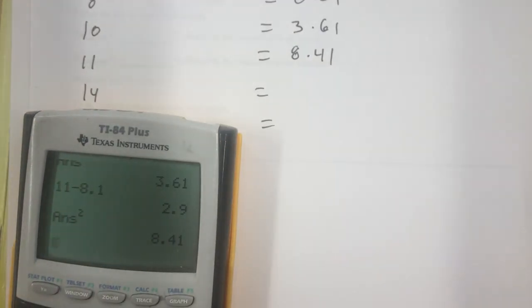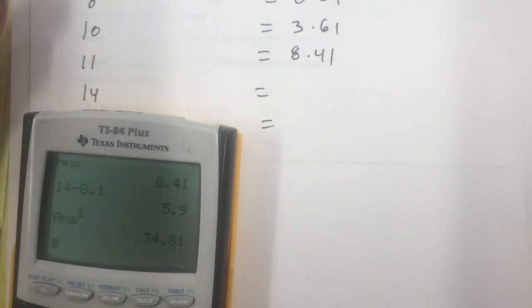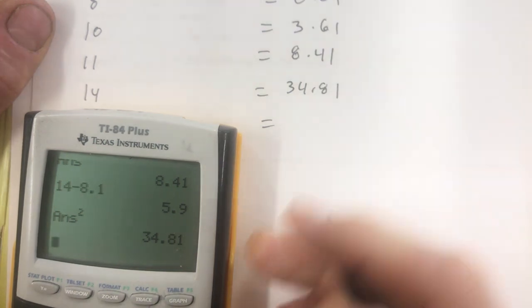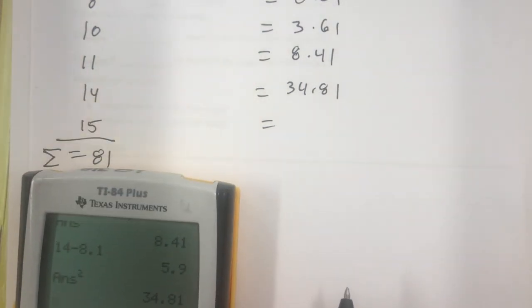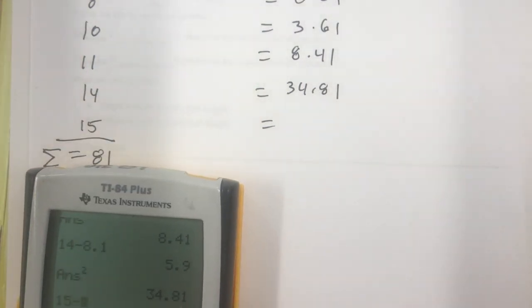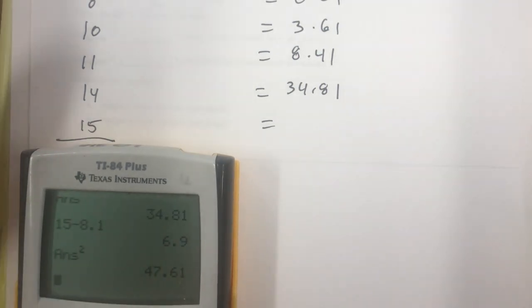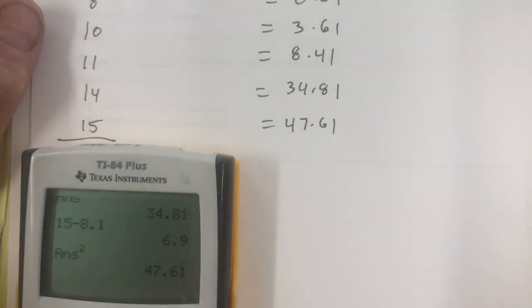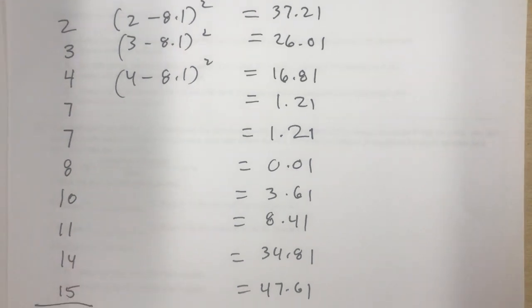Then I got 14 minus 8.1 equals, square, equals 34.81. Then I got one more. 15 minus 8.1 equals, square, equals 47.61. So there's all my numbers there.